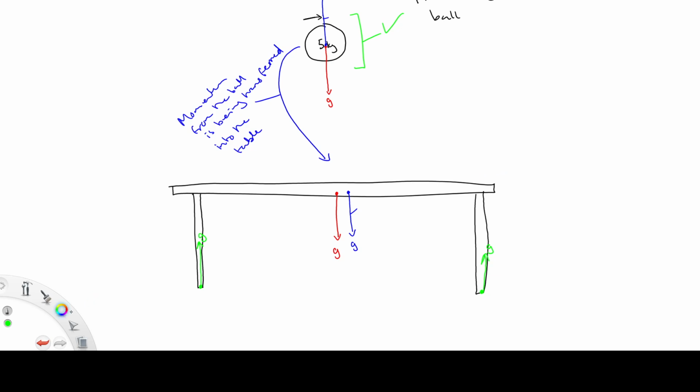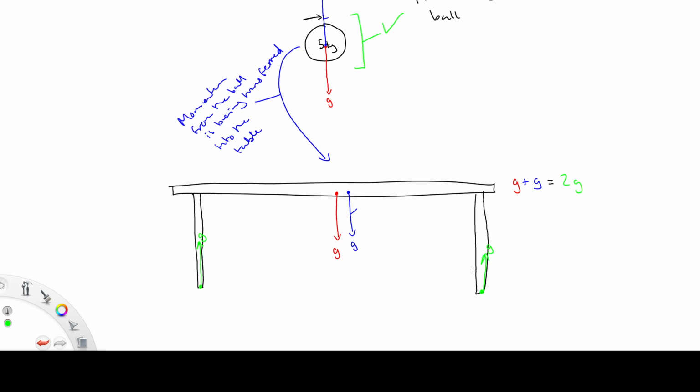Okay, so that G plus G is equal to 2G. Okay, I hope this makes sense over here.